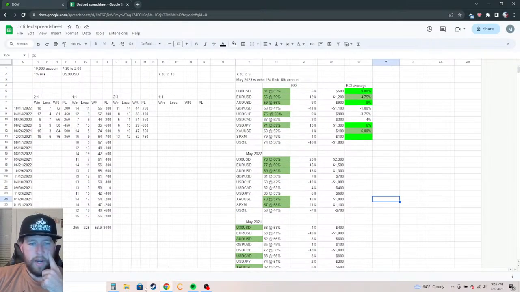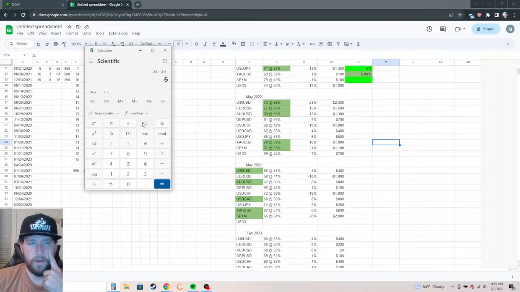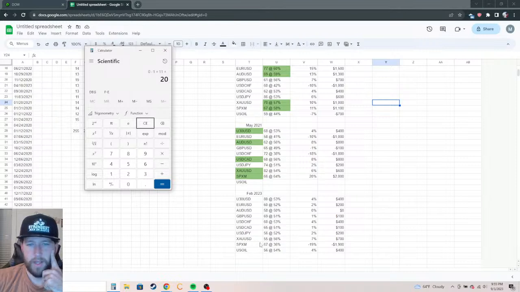Okay, let's see where S&P 500 puts us. So negative 1 plus 11 plus 20 minus 19. So this one's kind of scary because overall it is profitable, but there have been very, very bad months.